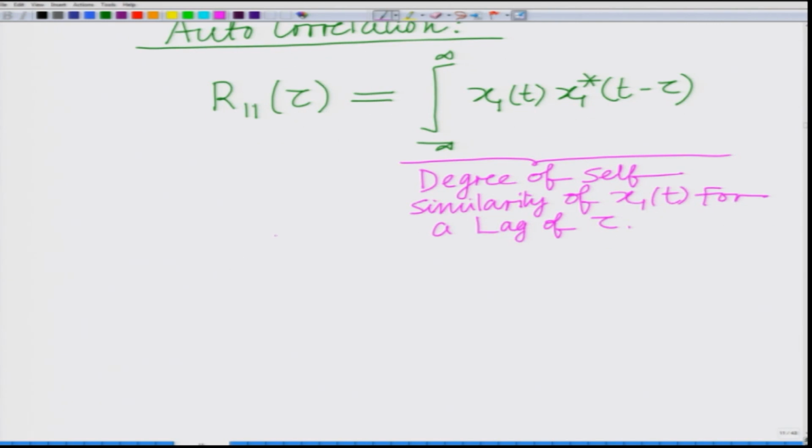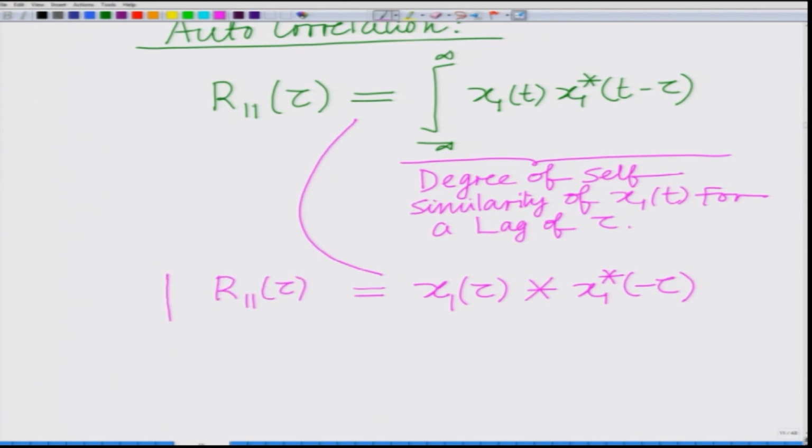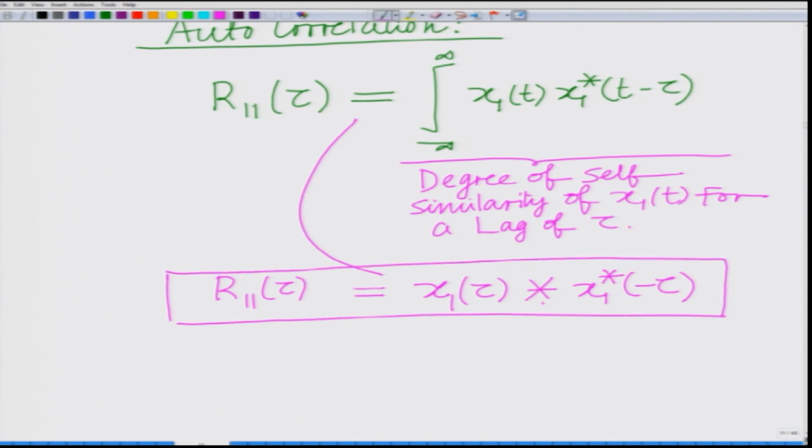From the property that we have shown before, simply replacing x2 of t by x1 of t, R11 of tau is the convolution of x1 of tau with x1 conjugate of minus tau, where this is the convolution operator.